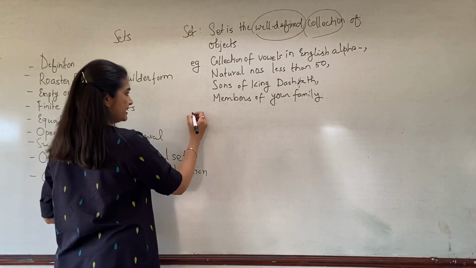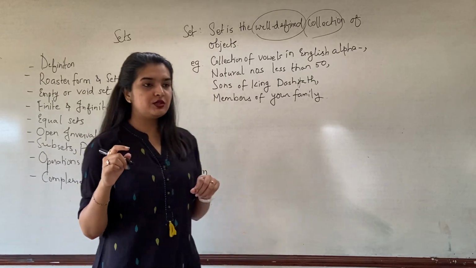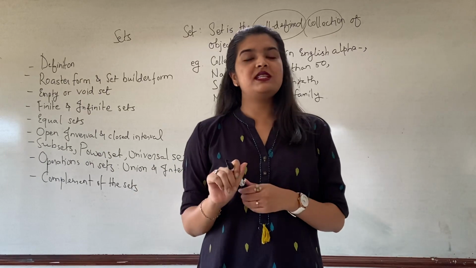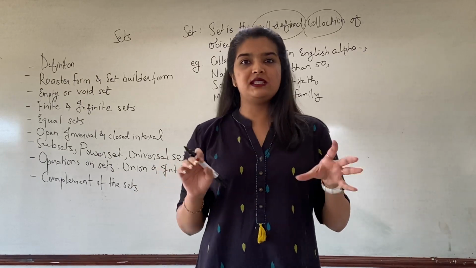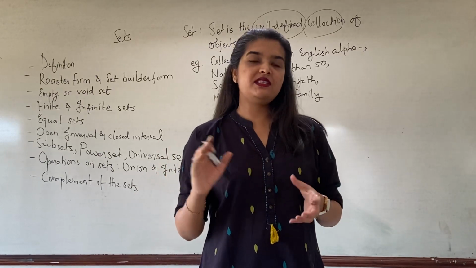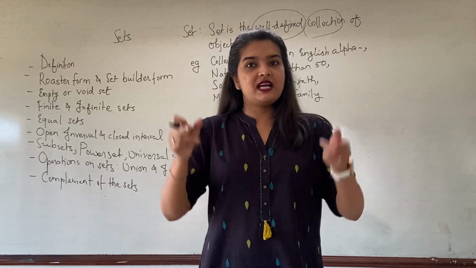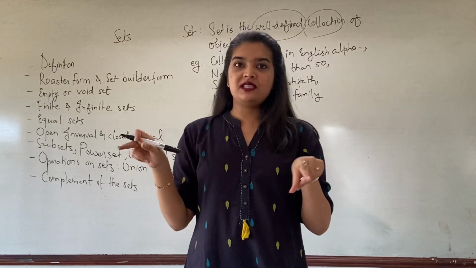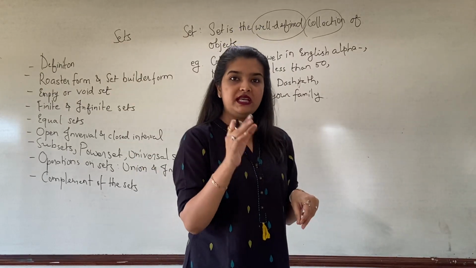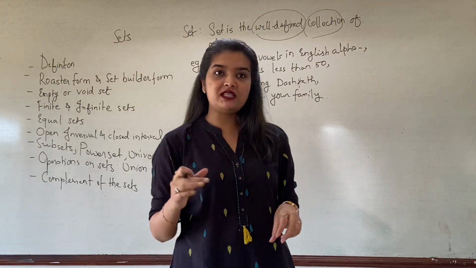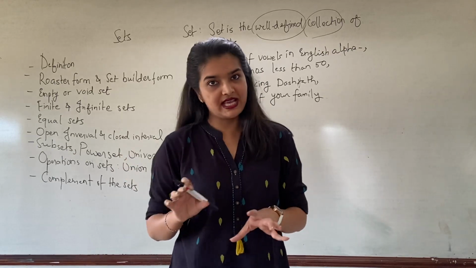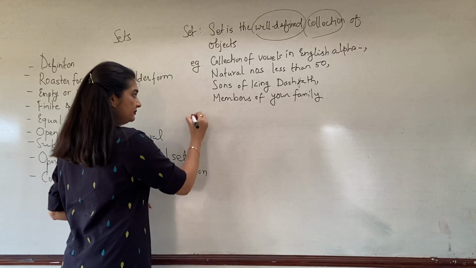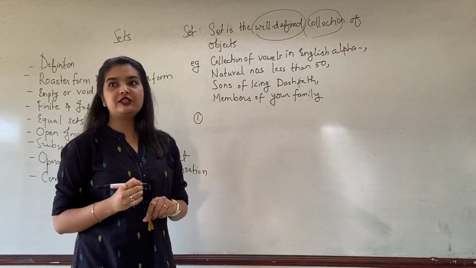Now one more thing I want to tell, that is, you all know that set is denoted by the capital letters, that is A, B, C, D, X, Y, Z. They are separated by commas, enclosed with the curly braces, and no element must be repeated in that particular set. So for example, number 1, collection of vowels in English alphabet.